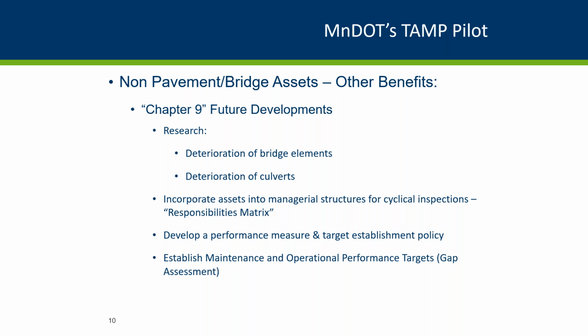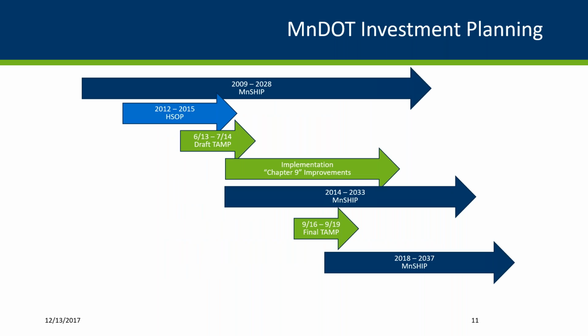We have also tried to be pretty deliberate about identifying responsibilities for assets, whether it's investment responsibility, inspections, that sort of thing. That was another effort that came out of our TAMP Chapter 9. Performance measure and target policy: as a result of the TAMP, we actually created a formal measure and target creation and adoption policy within the department.